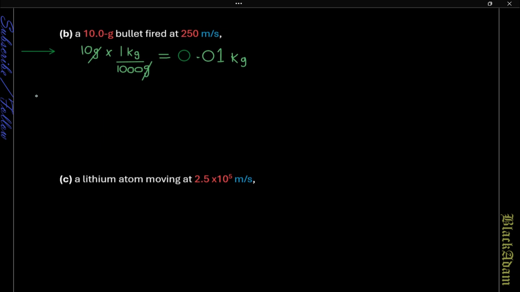And then from there the wavelength is going to be Planck's constant over mass times velocity, so it's Planck's constant over momentum.